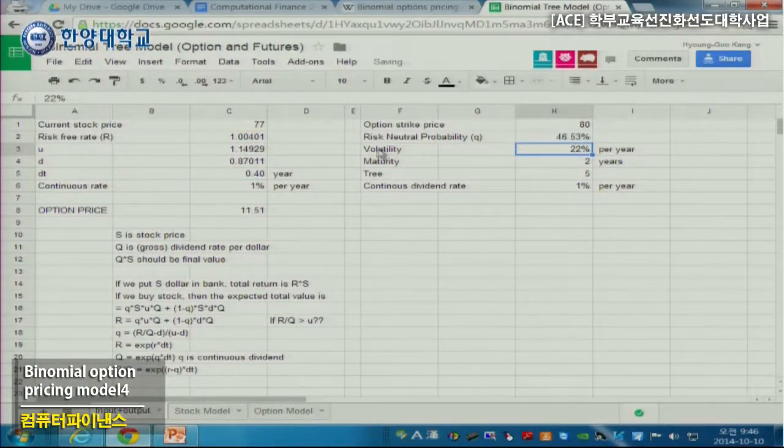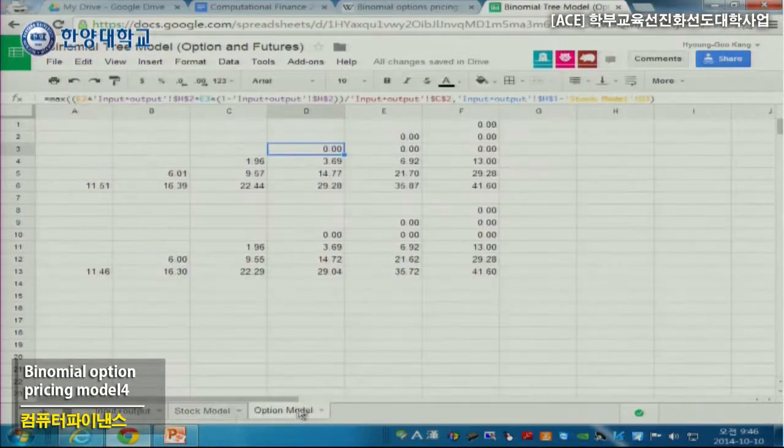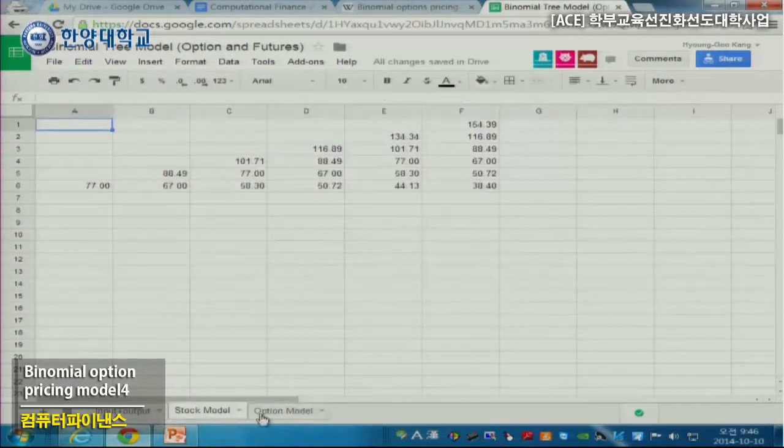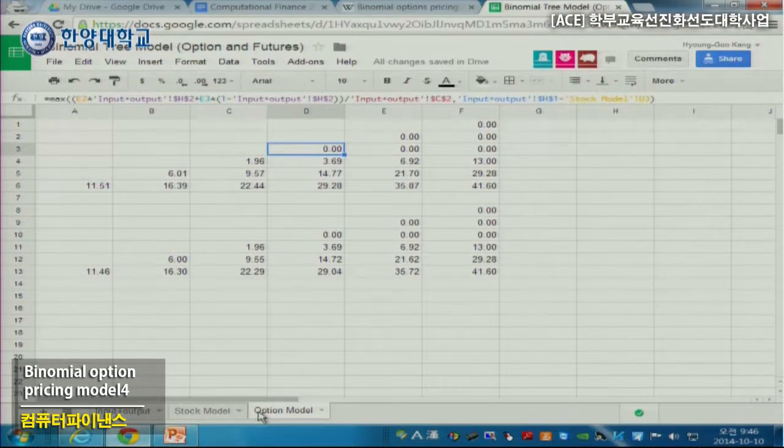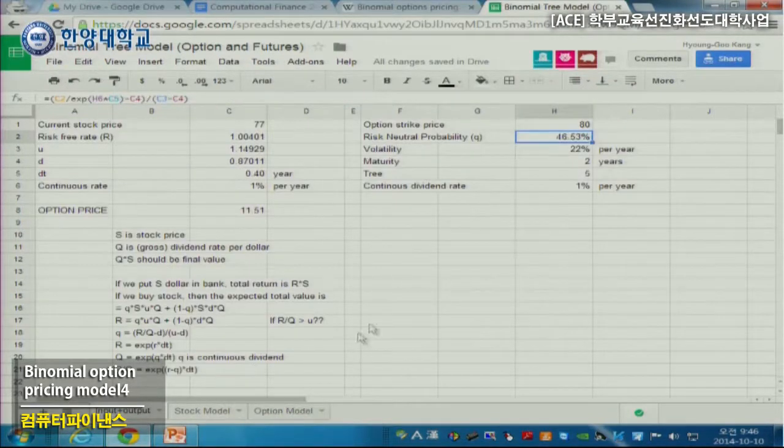Then we have a slightly lower risk neutral probability, and everything else should be the same. Good? Easy. So even if we include it, it is still very easy. Please update your spreadsheet and observe how the stock price changes.